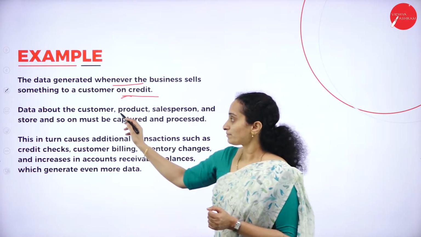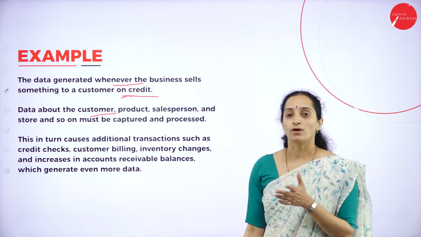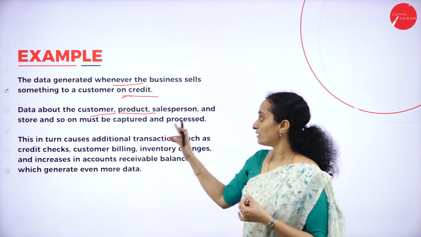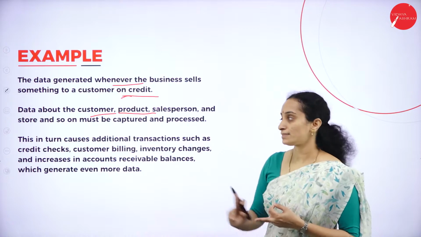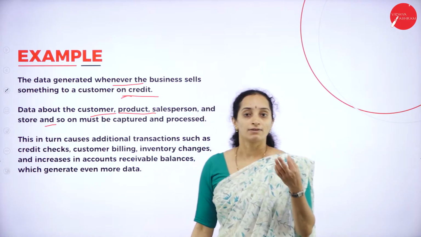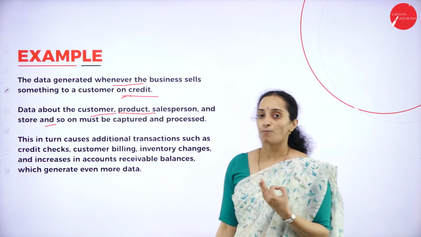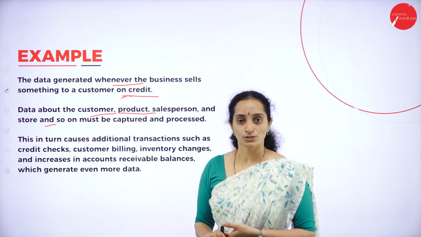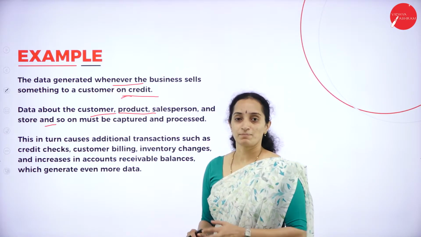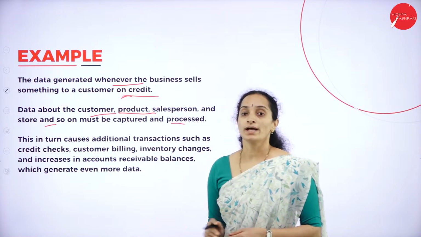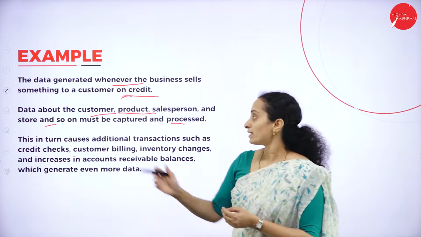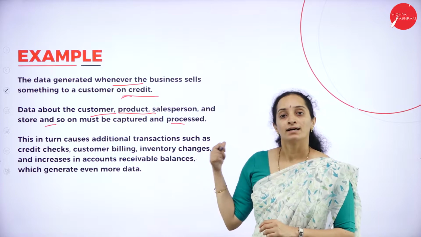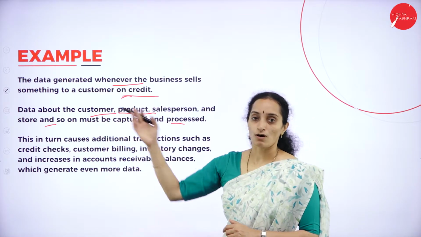When the customer takes the product on credit basis, the components involved are the customer, the product, the salesperson, and the inventory or the stock. If you look at the detailed transaction, the main transactions are getting the customer details, the product details, the salesperson details, and the stock details.